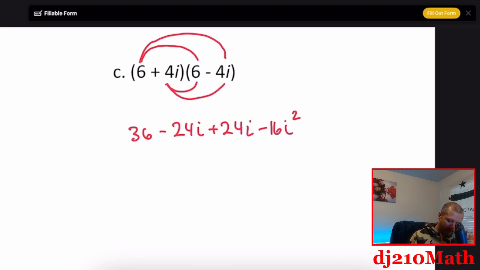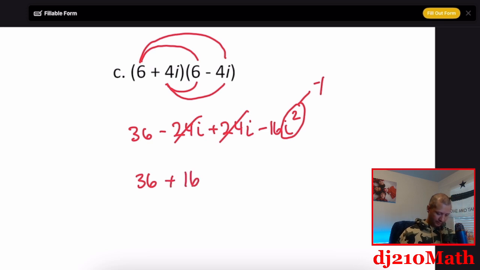So this cancels, because negative 24 plus 24. And then i squared is really negative 1, so it's going to change the sign in front, so plus 16. Those 24i's cancel in the middle, and that always happens in a conjugate pair. That's why you could do what we did earlier. But let's just keep moving. So this is going to be 36 plus 16, 52.